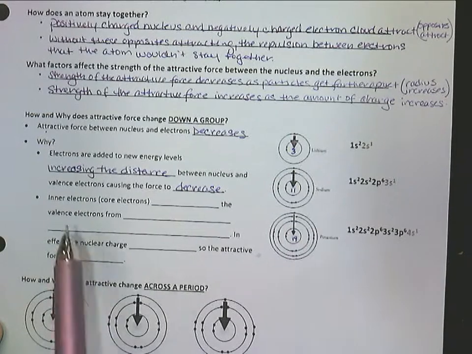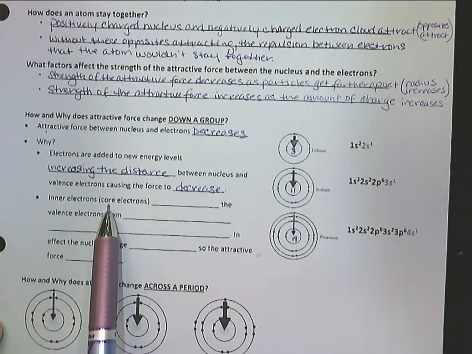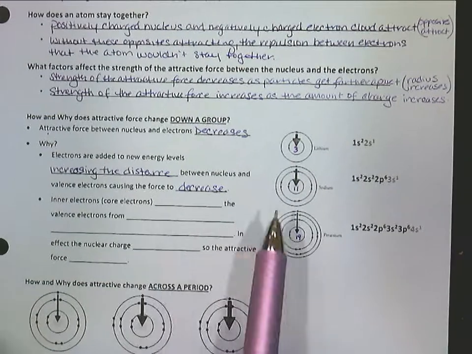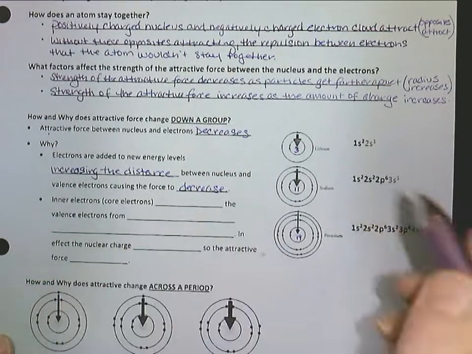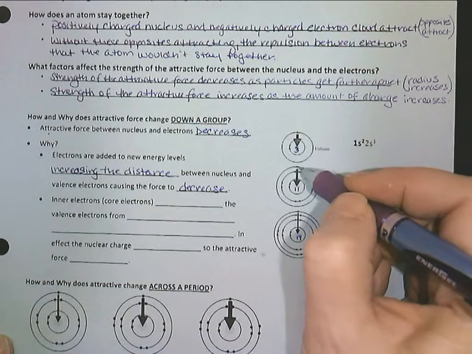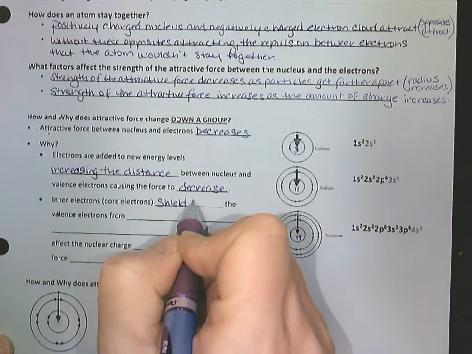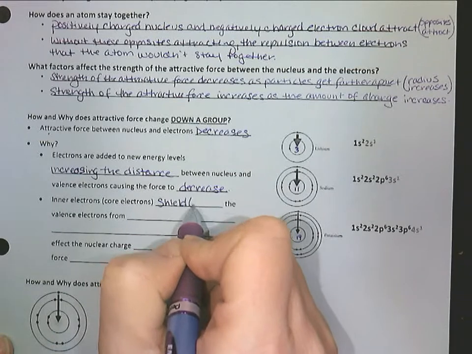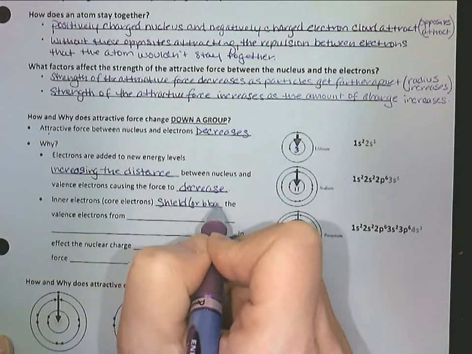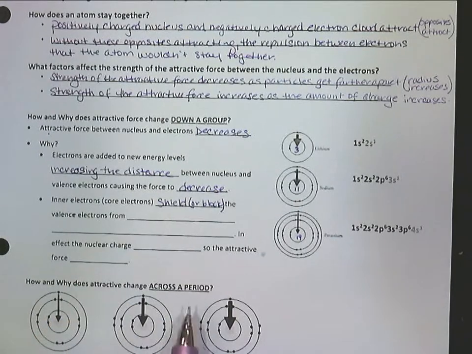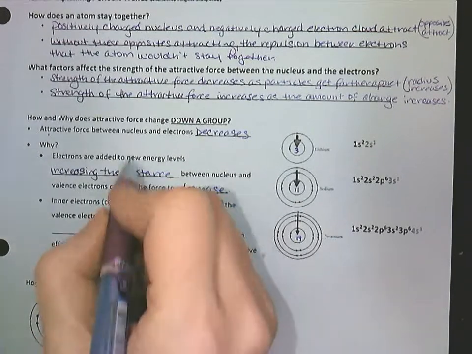These are called inner electrons, or inner core electrons. What they do, because they are between the nucleus and the valence electrons, is shield, or block, the valence electrons from feeling the full positive charge of the nucleus.